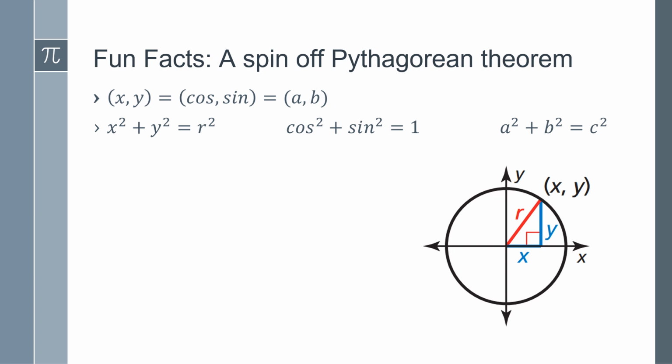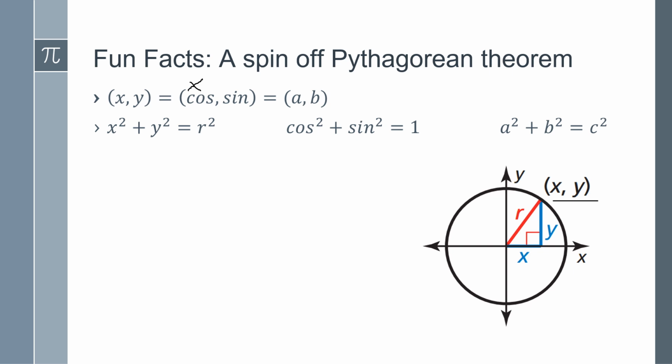All right, fun facts about the spin-off of the Pythagorean. We just proved it by manipulating the equation of a circle. So x and y, the coordinate xy, is going to become cosine, sine. Cosine is going to be your x, and y is going to be your sine.